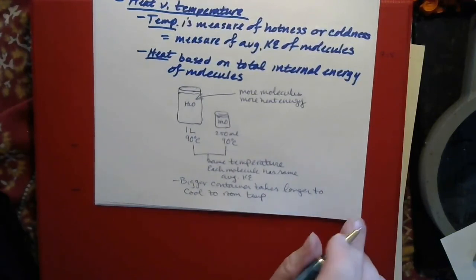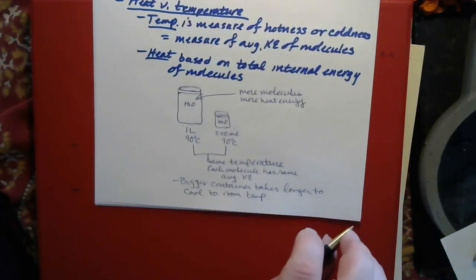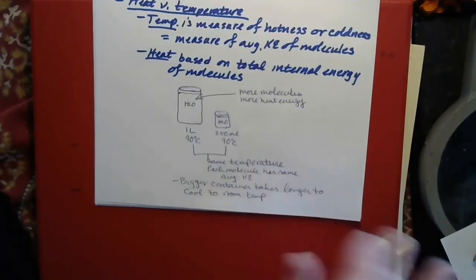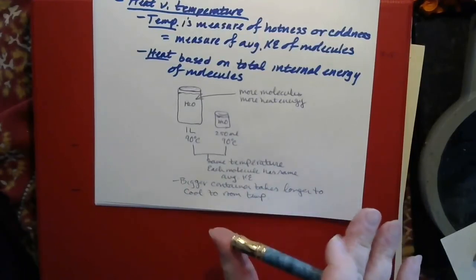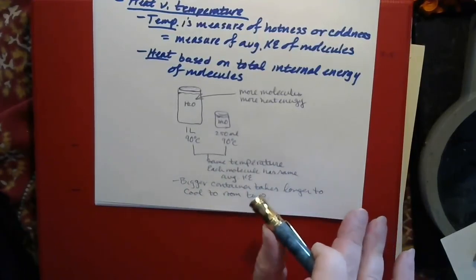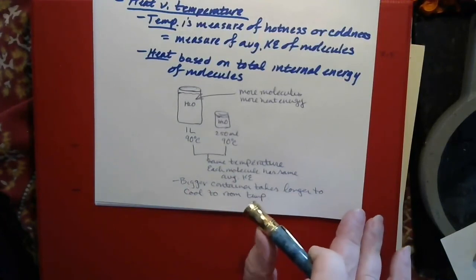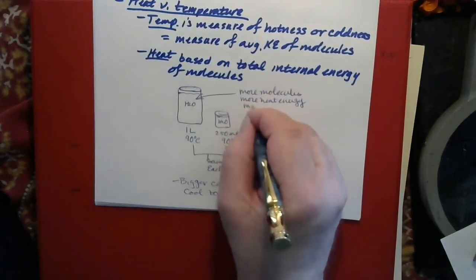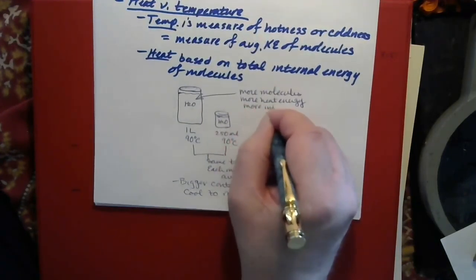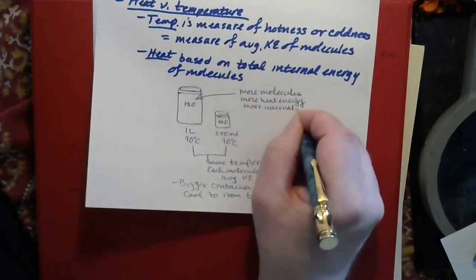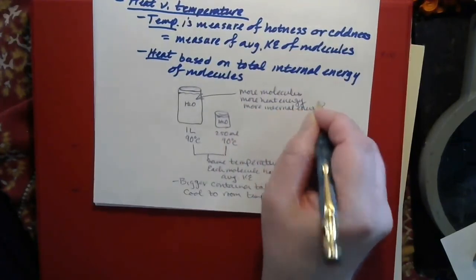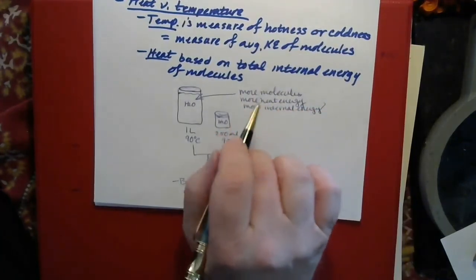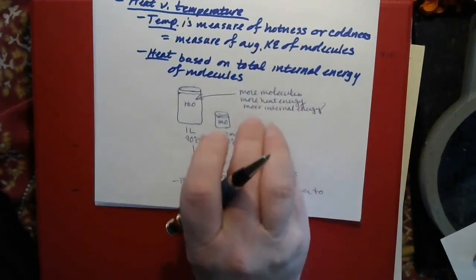That's because it has more total energy, because cooling it down means removing energy from all of the molecules in it. And more heat energy means more internal energy also.